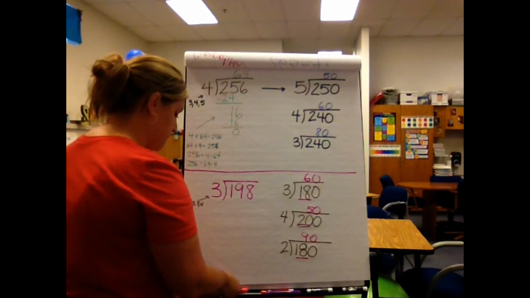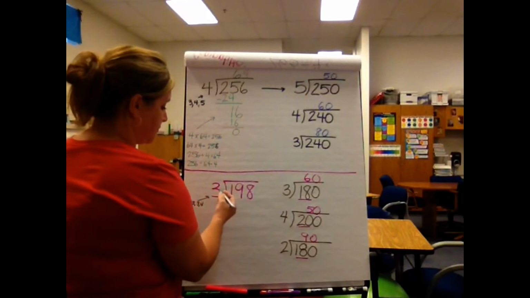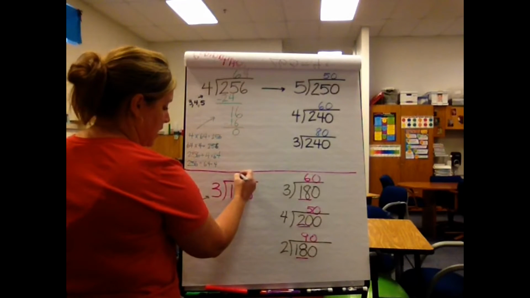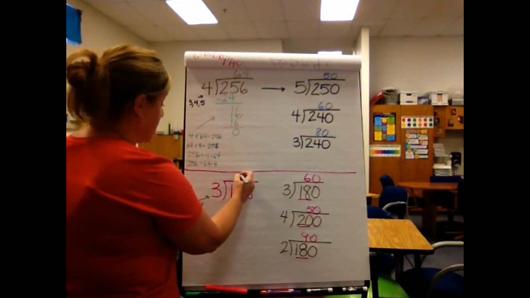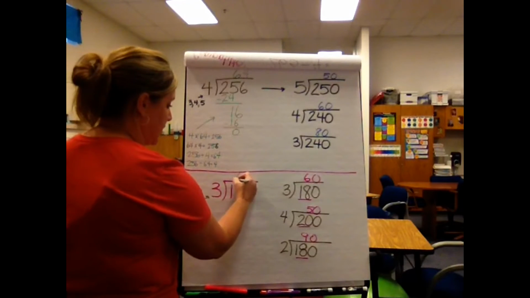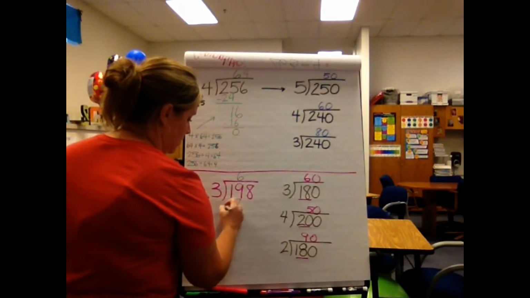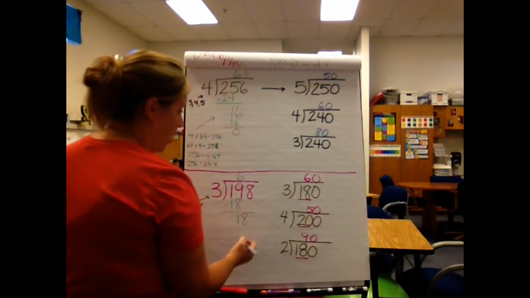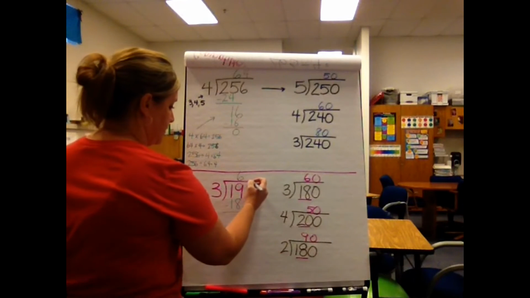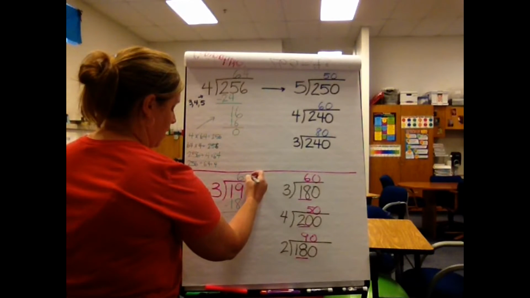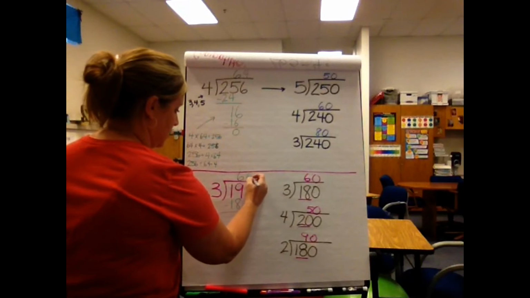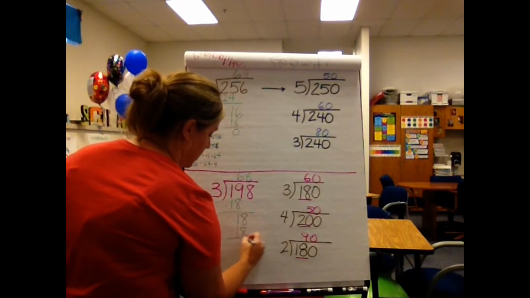Okay? So then the actual amount, 3 goes into 19, 3 times 6 is 18, 3 times 7 is 21, so it's got to be 6. Who would have thought? All right, so then it goes in there 6 times. 6 times 3 is 18.